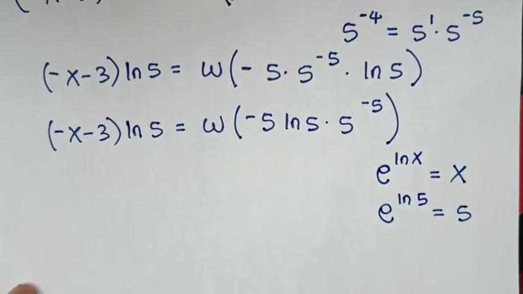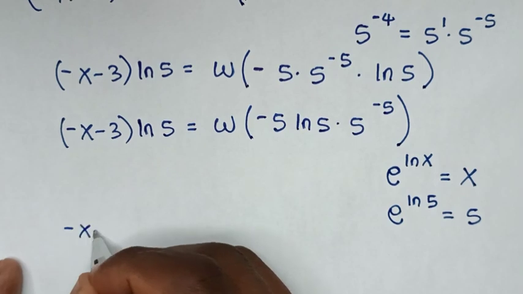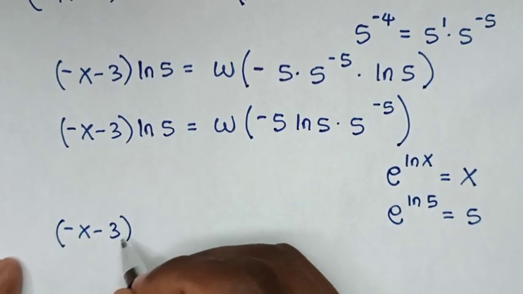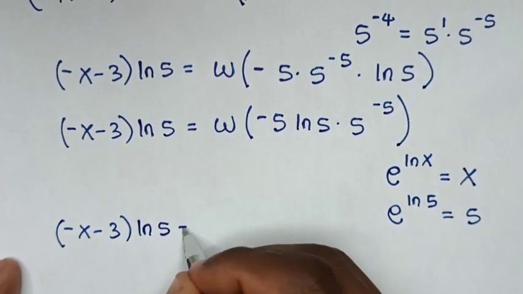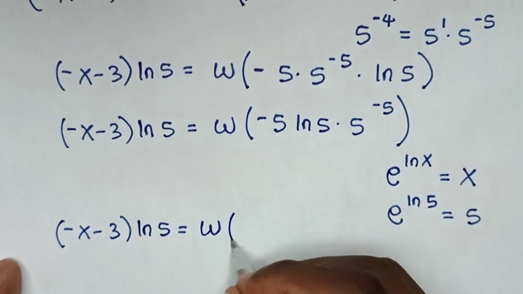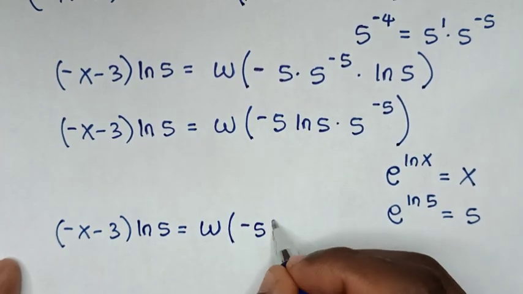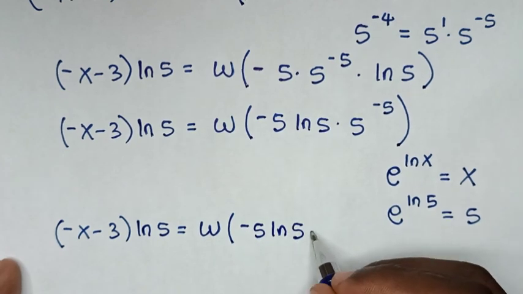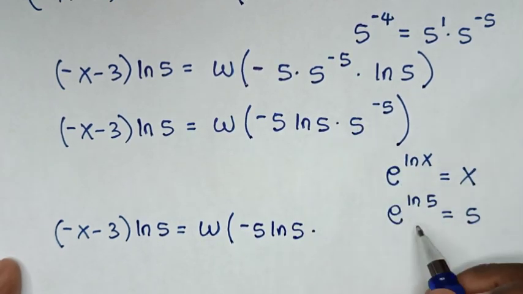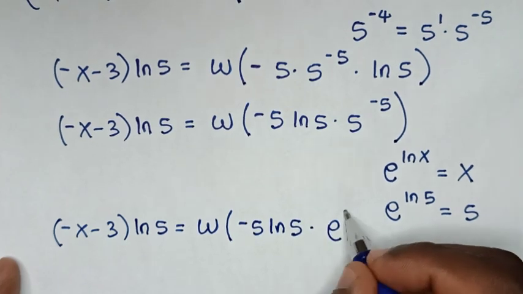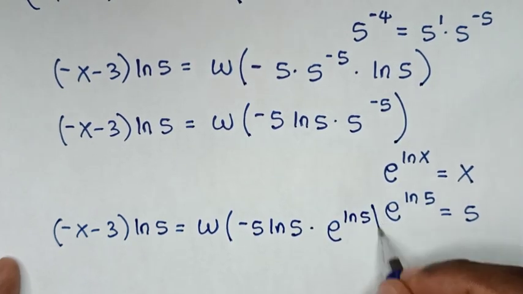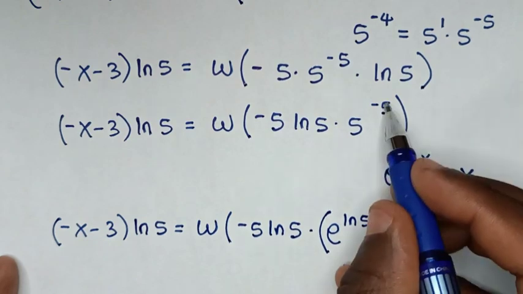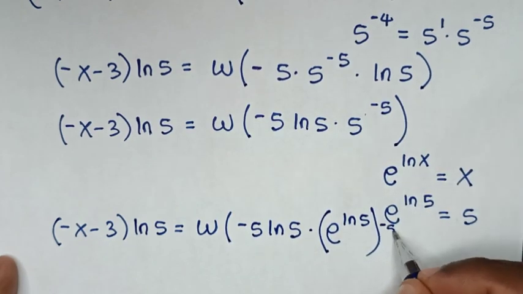So our equation will be (-x - 3)(ln 5) is equal to W of (-5 ln 5) times, in here 5 we substitute this, so it will be e to the power of ln 5, then this -5. Let's write here.